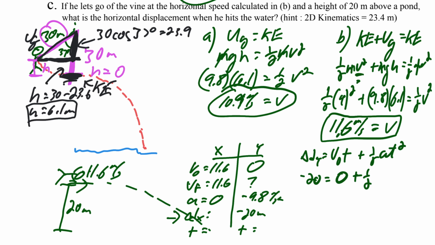Remember, the initial was 0 because it's all horizontal. Let's find the time. 20 times 2 divided by 9.8 gets us 4.08, and then we square root that. Looks like it's about 2 seconds. 2.02 seconds is what I get. So that's the time.